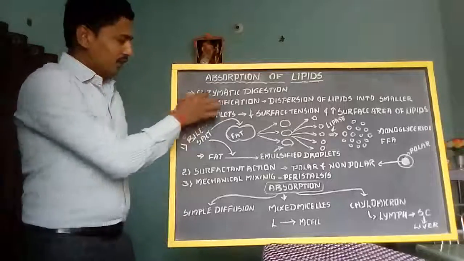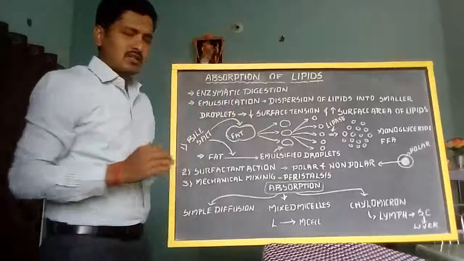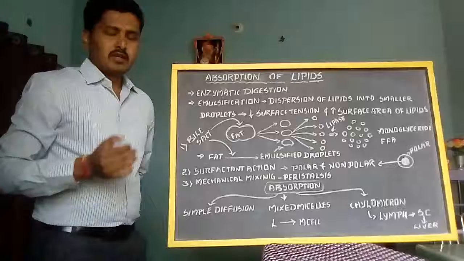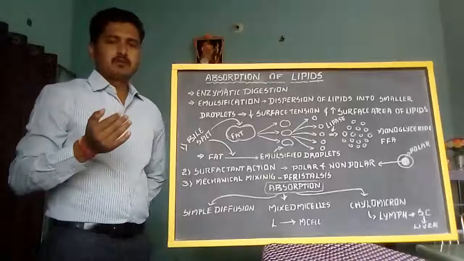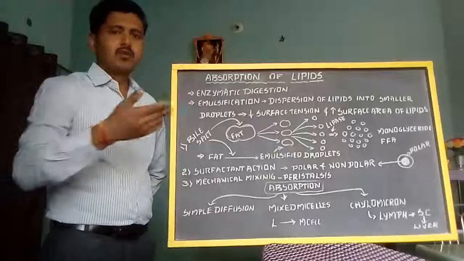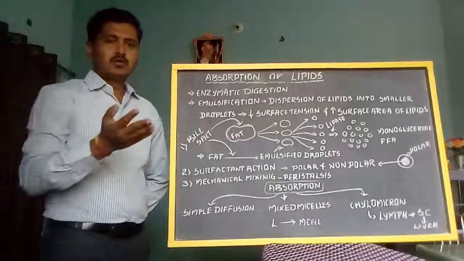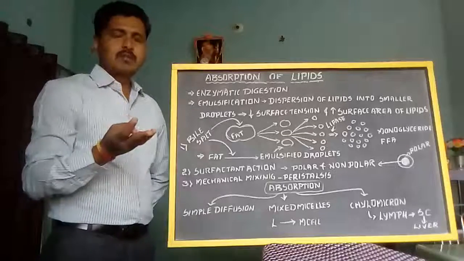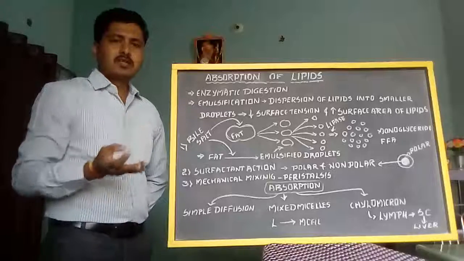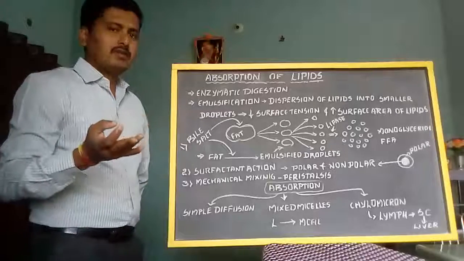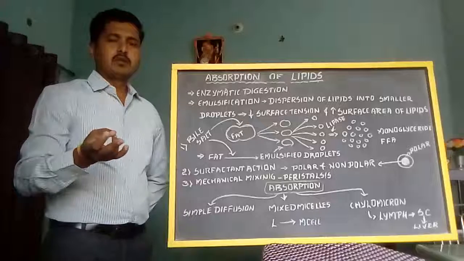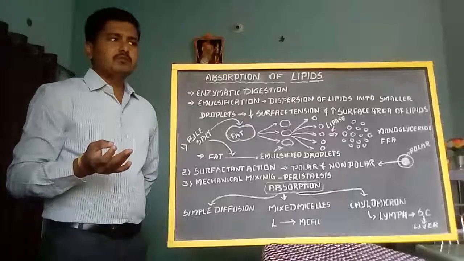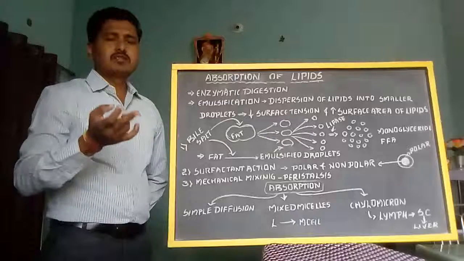First step, enzymatic digestion. Whatever we looked at in the previous class, the enzymatic action over the lipids: the enzymes that act over lipids are primarily lipase, and secondarily phospholipase A and B, along with cholesterol esterase.